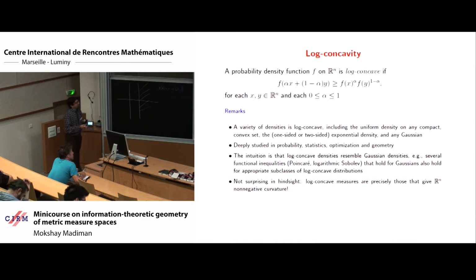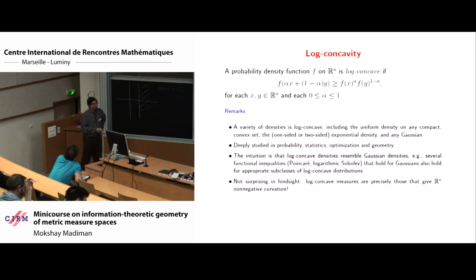This class of densities has been studied a lot. It appears in many places, in convex geometry for instance, because the uniform density on any compact convex set is log concave. Or you can look at exponential densities, any Gaussian density, and so on. The intuition is that log concave densities resemble Gaussian densities. For example, functional inequalities that hold for Gaussian densities often also hold for log concave densities or subclasses of them.